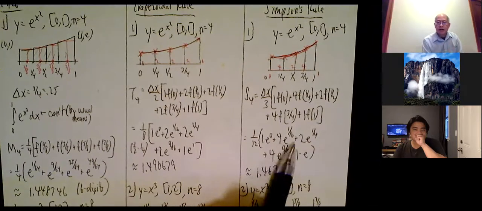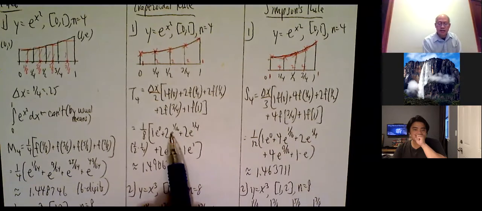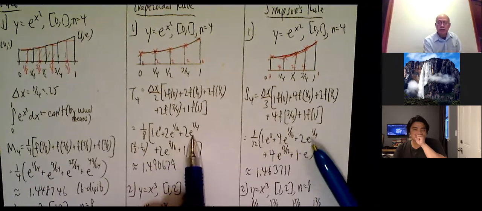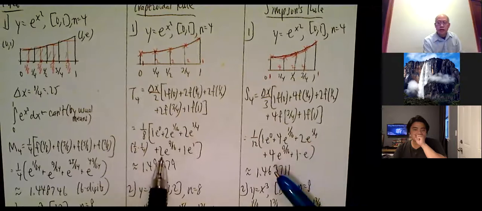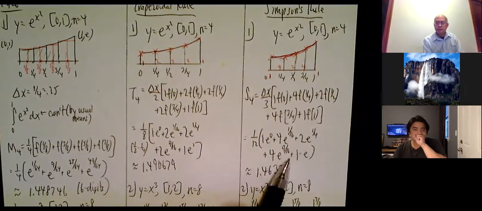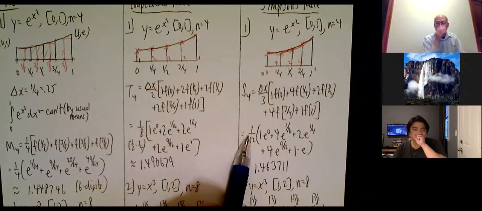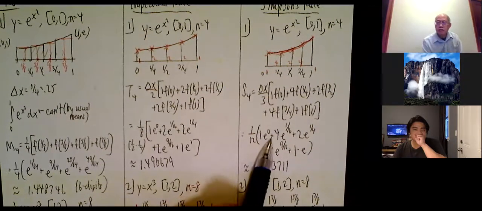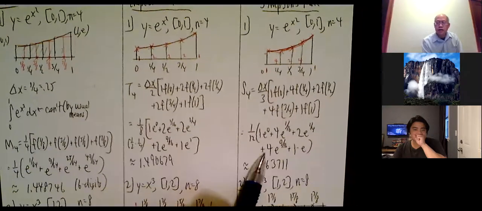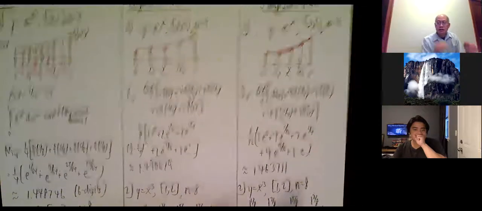These e's are going to be the same as these: e to the 1/16th, e to the 1/4, e to the 9/16th, and then e to the 1 is just e. So 1/12, 1 e to the 0, plus 4 e to the 1/16th, plus 2 e to the 1/4, plus 4 e to the 9/16th, plus 1 times e.